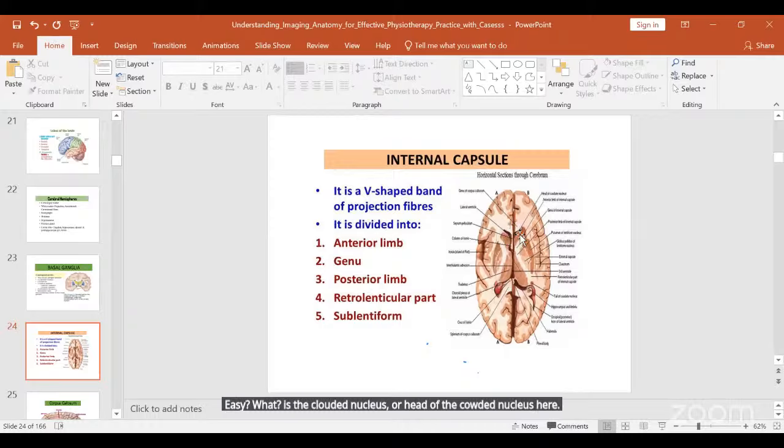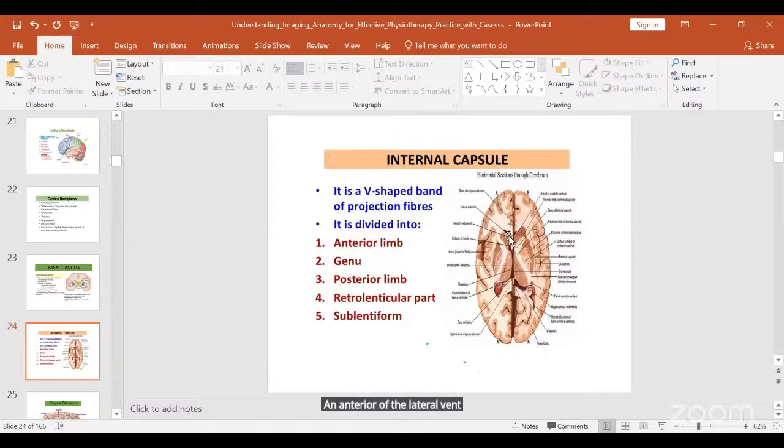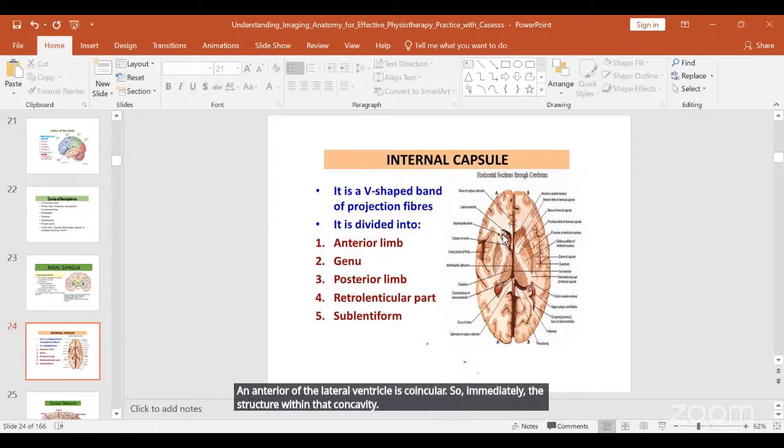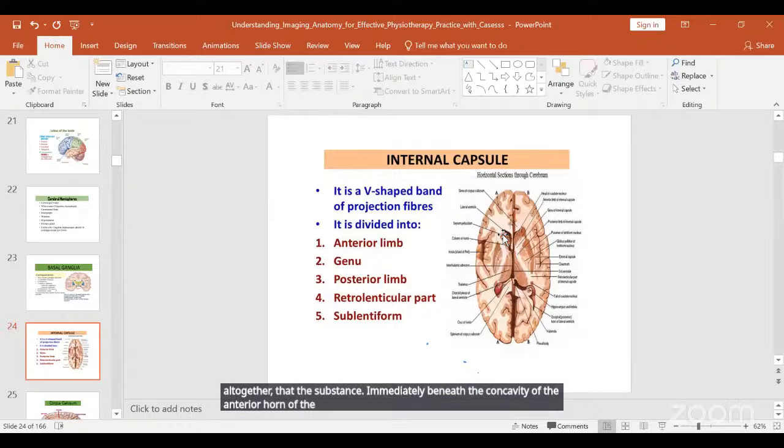What we use to easily identify the caudate nucleus is the anterior horn of the lateral ventricle, which is concave. So the structure within that concavity is the caudate nucleus. That is the law you should hold in your mind. Are we together? The substance immediately beneath the concavity of the anterior horn of the lateral ventricle is what?